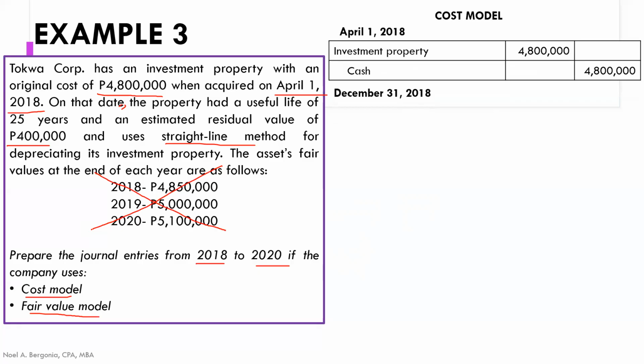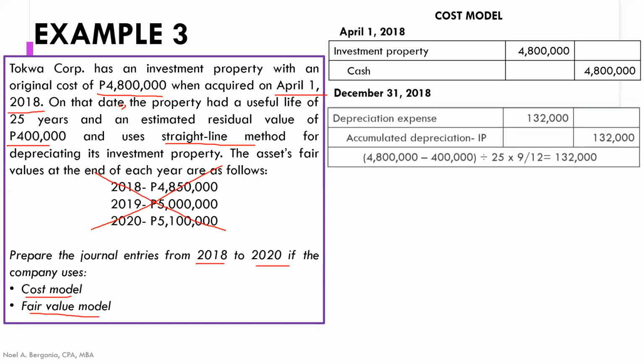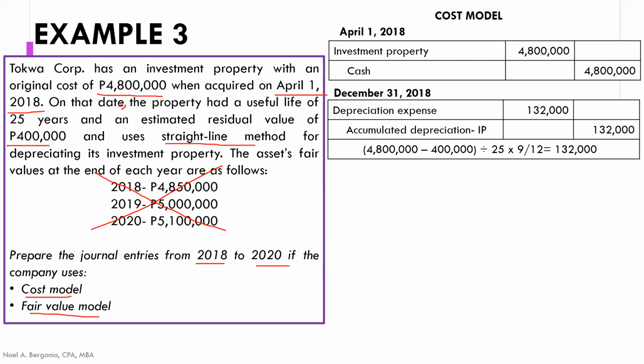Please take note, we will be applying a similar approach under IAS 16 about depreciating the asset. So we debit depreciation expense, 132,000, and credit accumulated depreciation, investment property, 132,000. That came from the cost of 4,800,000, deduct the salvage or residual value of 400,000, then the depreciable cost is 4,400,000.